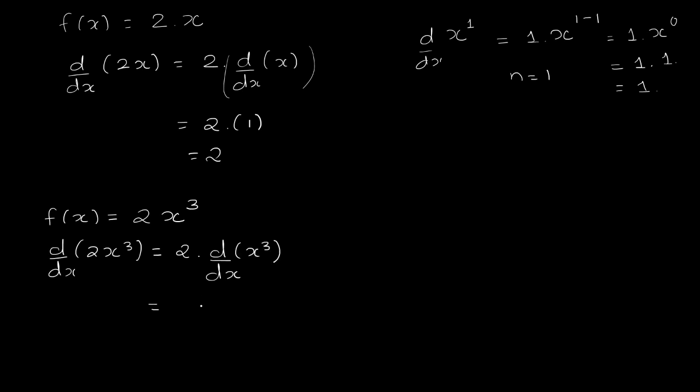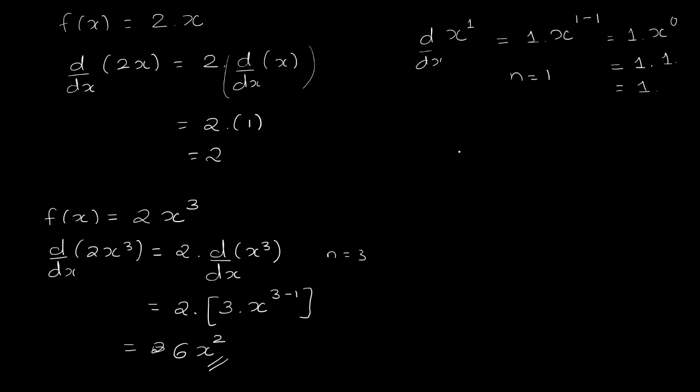And we have seen that the derivative of this, now the value of n is equal to 3, so I will have 3 into x raised to 3 minus 1. So that comes out to be 2 into 3, which gives me 6, x raised to 3 minus 1, that is 2. 6x square. So this is the derivative of 2x cube. Okay, so this is how things change.